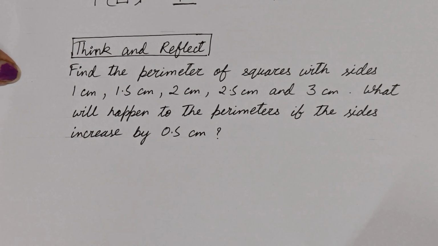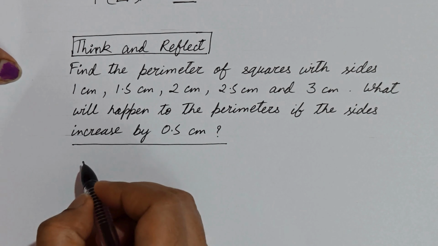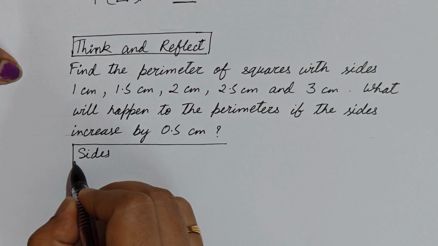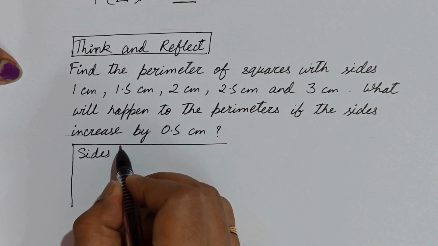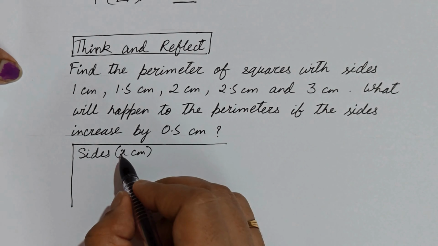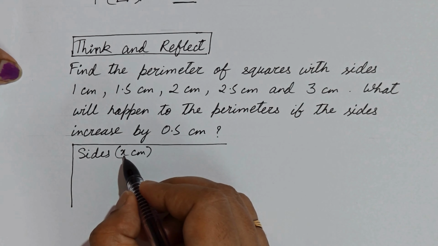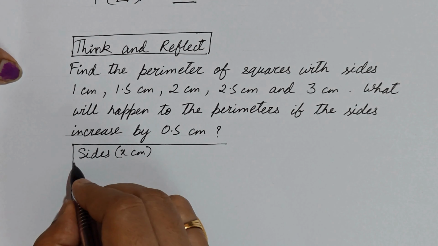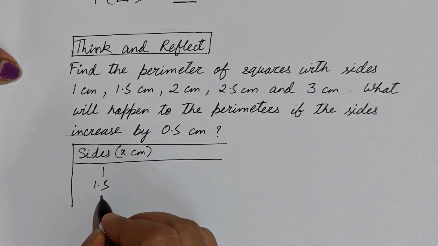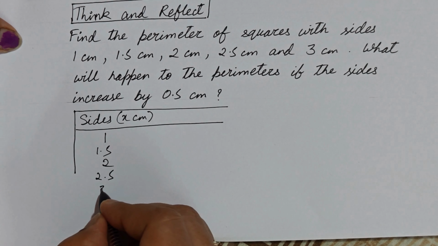Let us first draw a table here. On the left hand side, we will write the sides as x centimeter. I am taking the side as a variable x. So x centimeter: 1, 1.5, 2, 2.5 and 3.